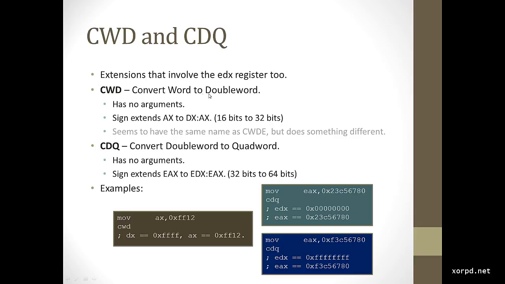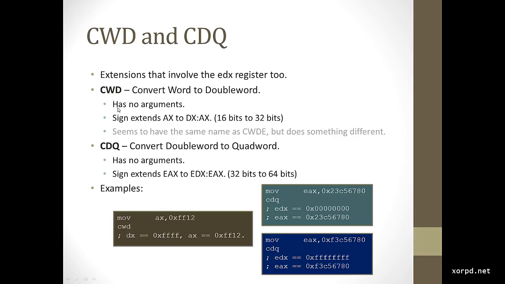Convert word to double word. You might be surprised because we have already seen an instruction that had a very similar mnemonic. We had the CWDE instruction. It seems to have the same name as CWDE, but it does something different.